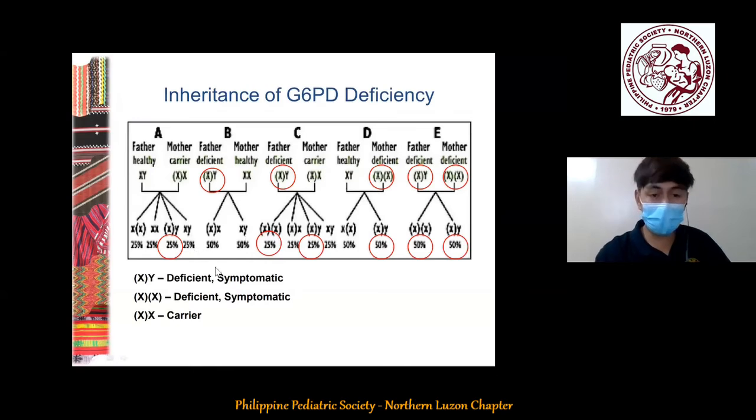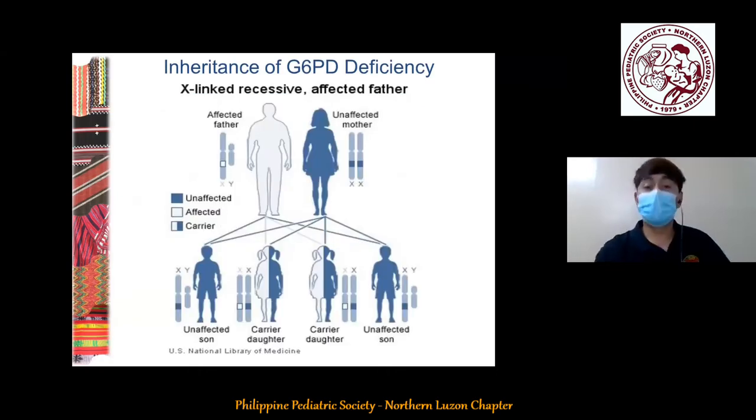Pero gusto ko lang makita niyo ito. XY pag sira yung X chromosome, deficient. Kapag babae, both X chromosomes ay sira, deficient; at carrier kapag babae ay isa lang ang sirang X chromosome. Okay. So we have to simplify this further.